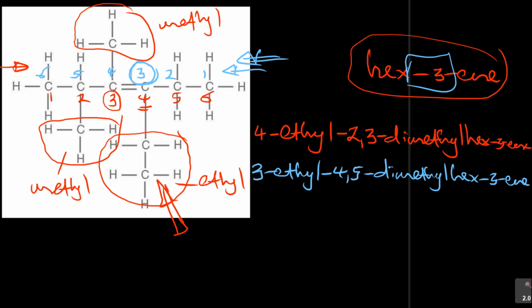E starts before M. So it forces me to take the smallest number for the ethyl. Here the ethyl is in carbon 4, but in the other direction it's in carbon 3. So the correct name is 3-ethyl-4,5-dimethylhexene. Ethyl determines the direction I must take because it starts before M. Alright, so that is that part.